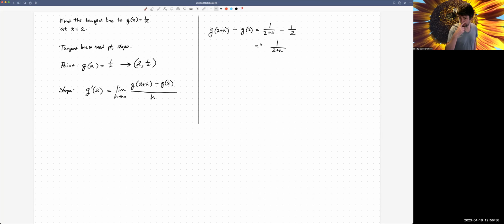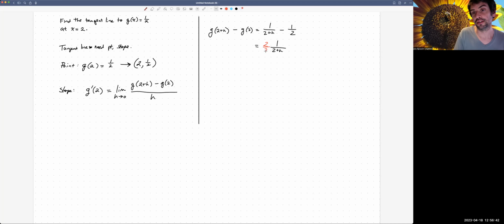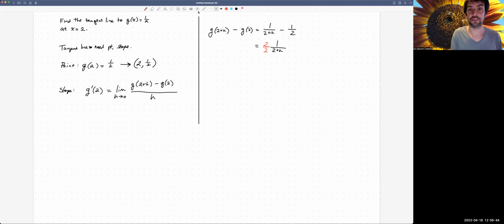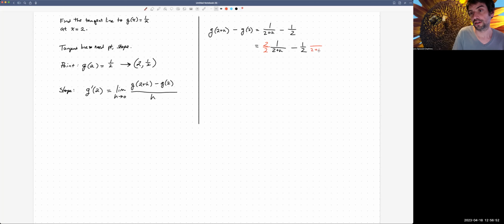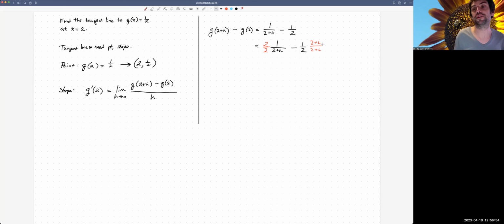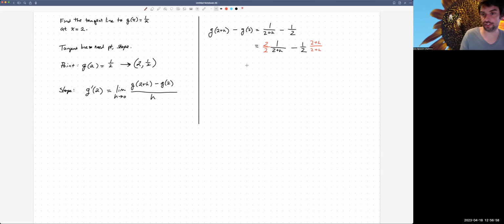Since these two denominators don't share any factors, their common denominator is simply the product of the two. So I'm going to multiply both of these by 1: one of them I'll write as 2 over 2, and the other as 2 plus h over 2 plus h.